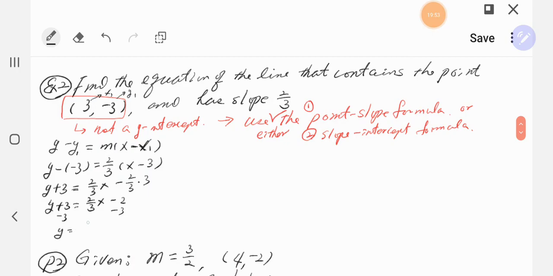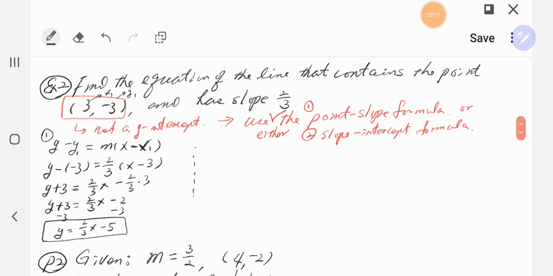Then y = 2/3 x - 5. So this is the equation that contains the point (3, -3) and has slope 2/3. What I did is I used the point-slope formula to find the equation.